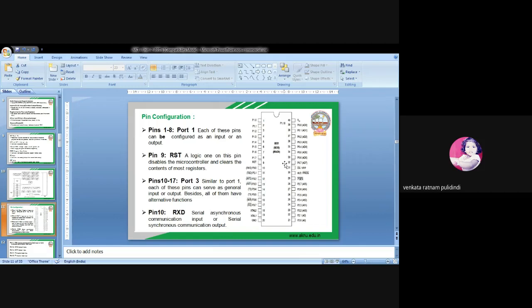The architecture is very important from the examination point of view. At the same time, it is important for your future needs, for example, if you design an embedded system. To design an embedded system, we must know the basic architecture of the 8051 microcontroller and its pin configuration, which pin is used for what purpose.